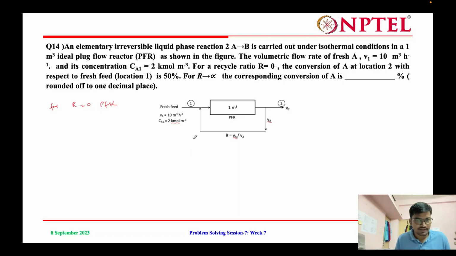This is a second order reaction. For R tending to infinity, the performance equation is that of a CSTR.